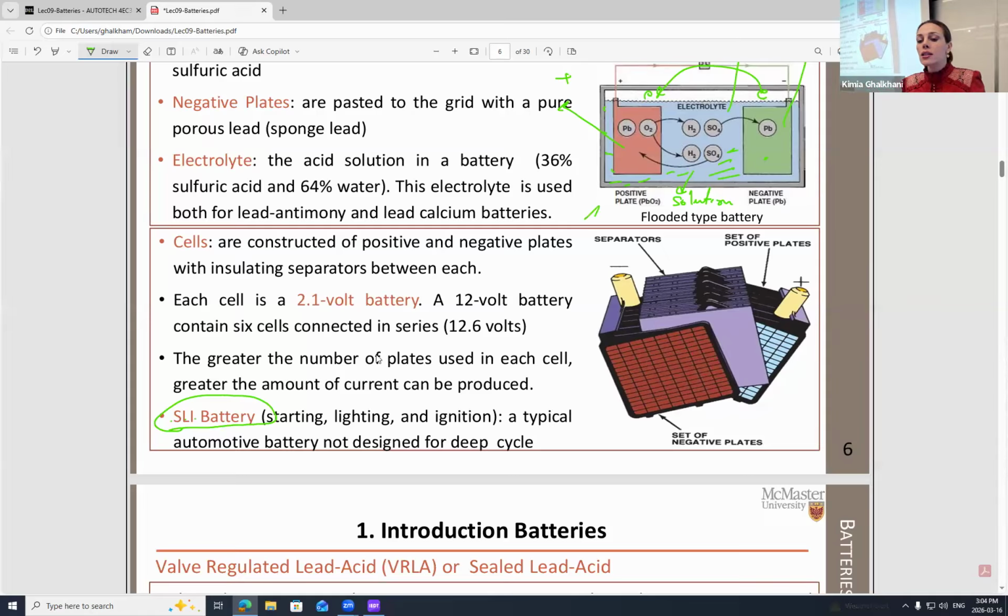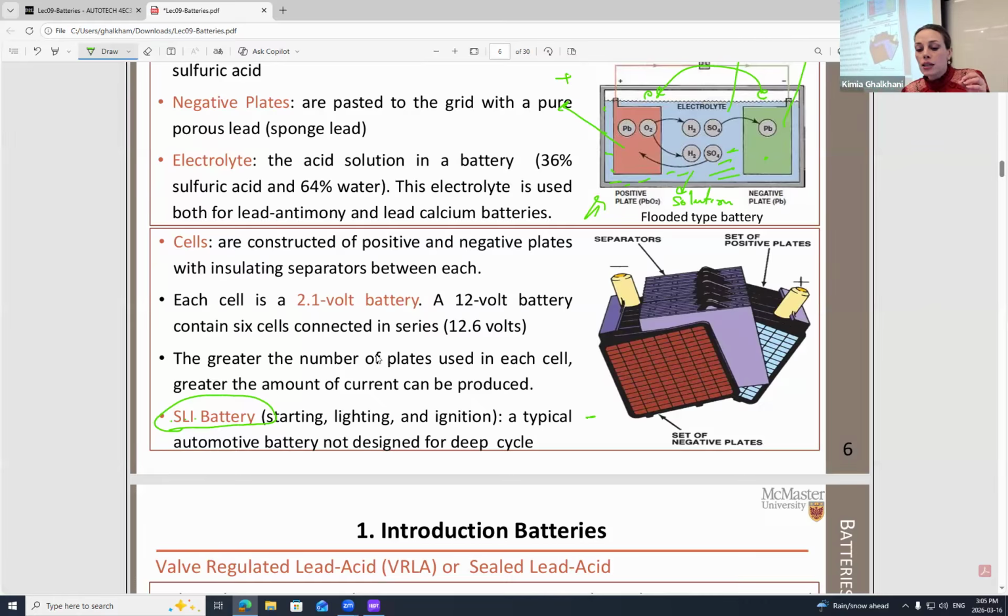That's why this is not a good option for your cell phone application, right? It may not even be safe to use it for a cell phone or any other smaller application. They are rechargeable, but they are used for applications where we need to pass a huge amount of current in a very short amount of time.